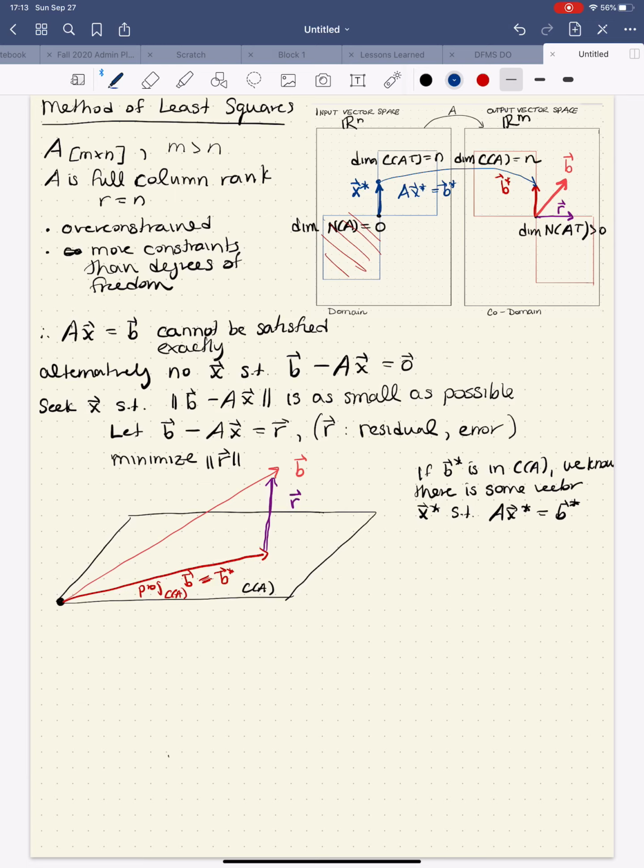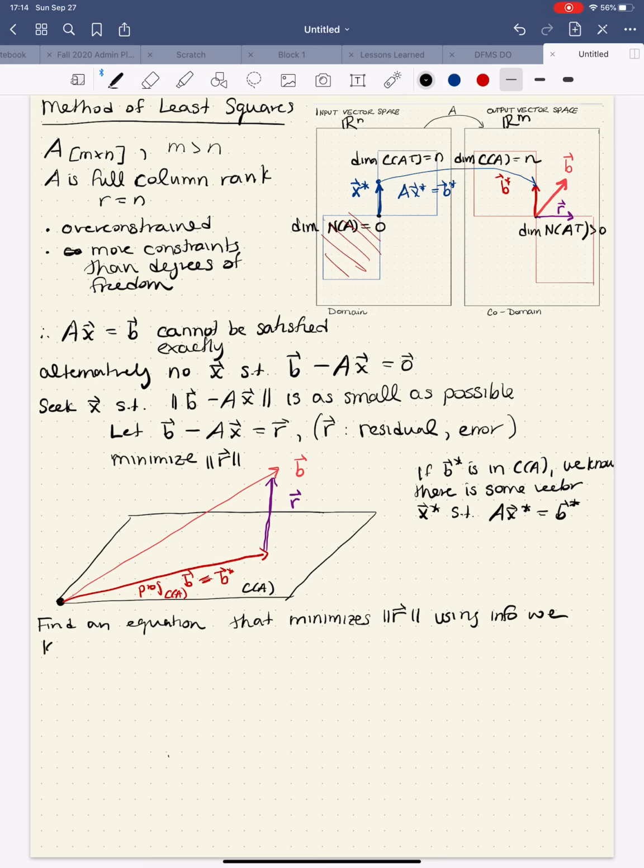Okay, so the question that remains is I still need to try and figure out an equation. So you need to find an equation that minimizes r, or the magnitude of r, using info we know.